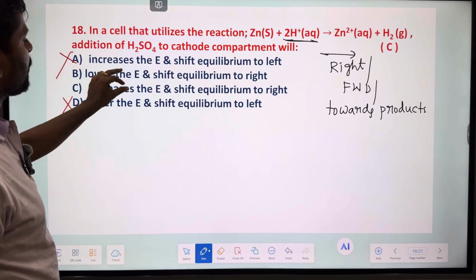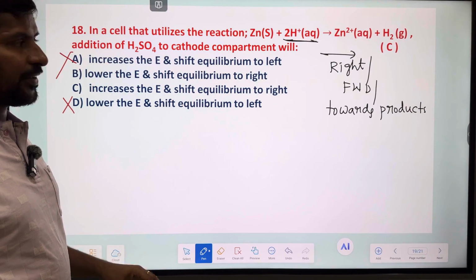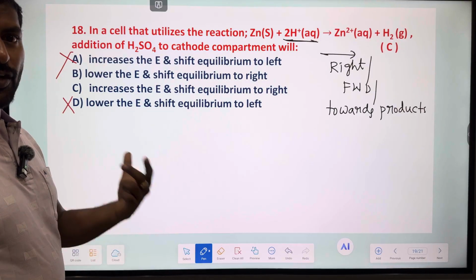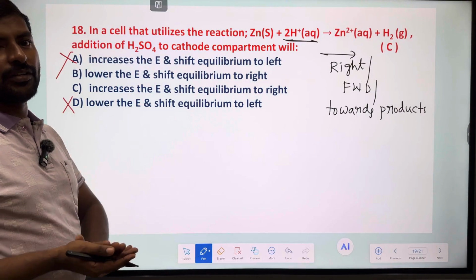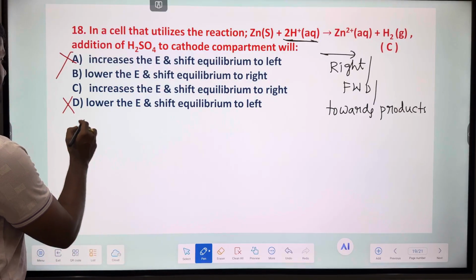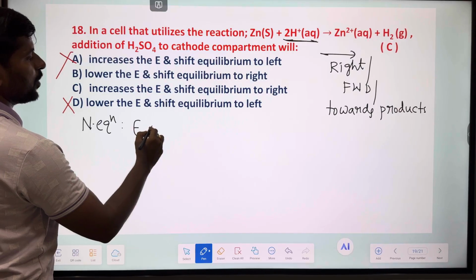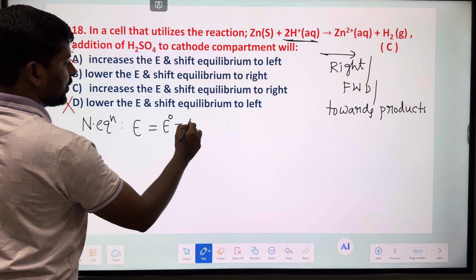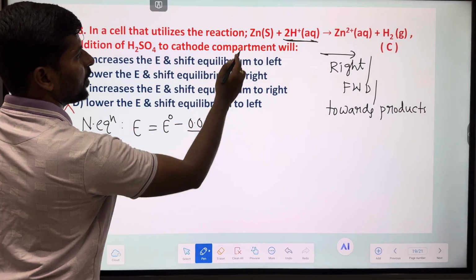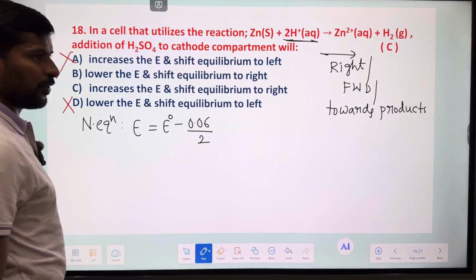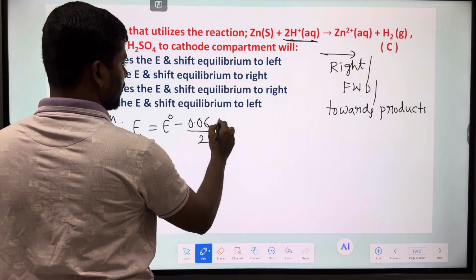Now we have to check whether potential increases or decreases with H plus ion concentration. To check how potential changes with concentration, we have to apply the Nernst equation. I am writing directly E is equal to E0 minus 0.06 by n, where the number of electrons involved is 2. Anyhow, here n is not important.